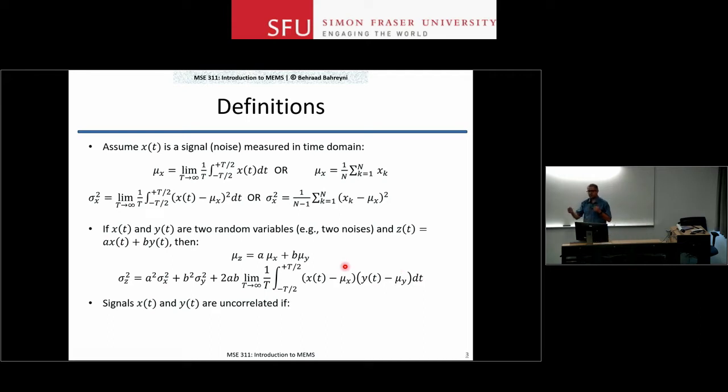If x of t and y of t are changing independently, as I calculate this integral over a long period of time, this goes to 0. So if x of t and y of t are uncorrelated, then this is going to happen. x of t and y of t do not depend on each other at any point of time. Essentially, the product behaves like noise.